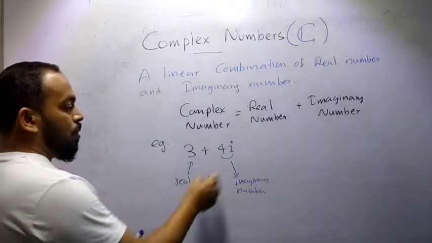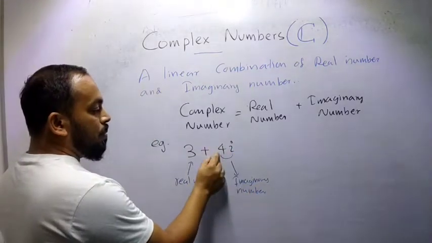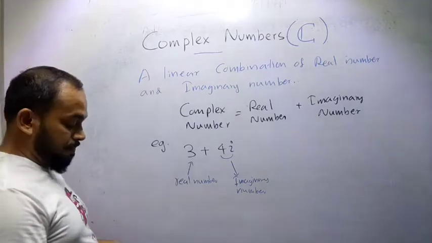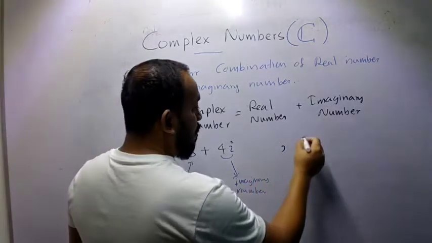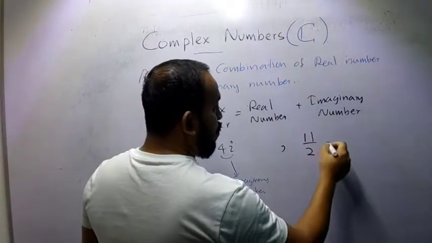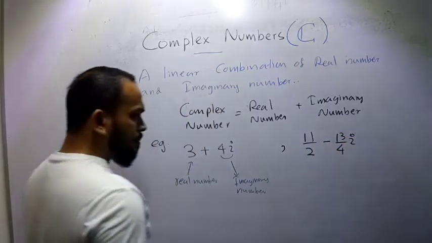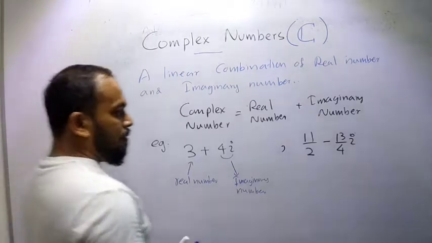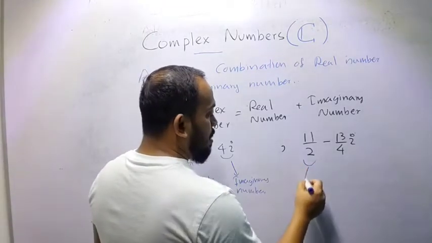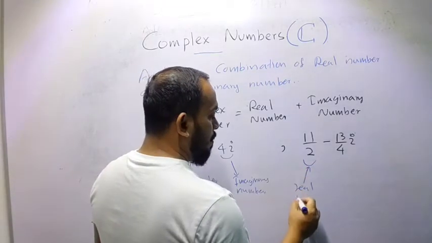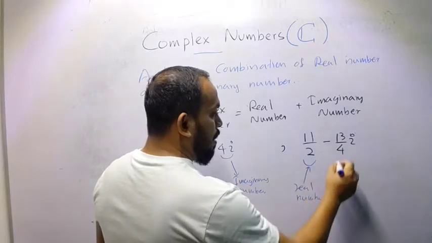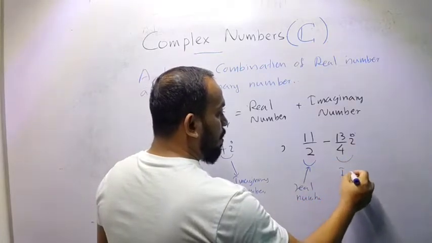Right. So notice here that in the imaginary number you have a real number as well. Another one, 11 over 2 minus 13 by 4 times i. Now here what do you have? This is the real number and here this is the imaginary number.